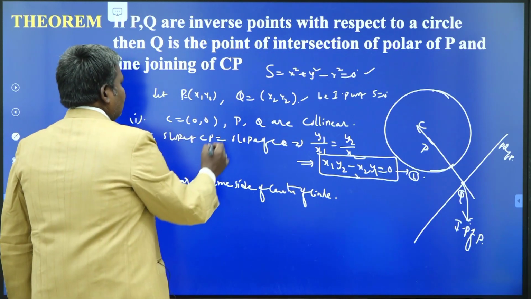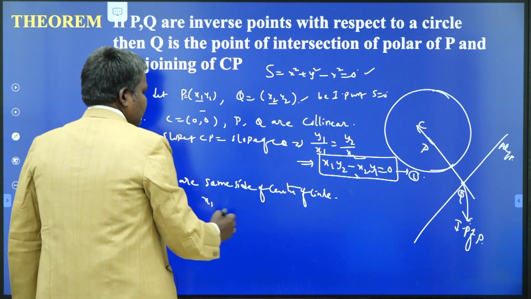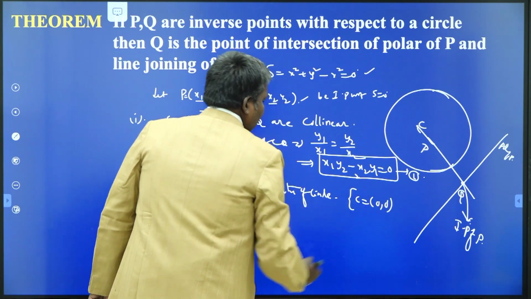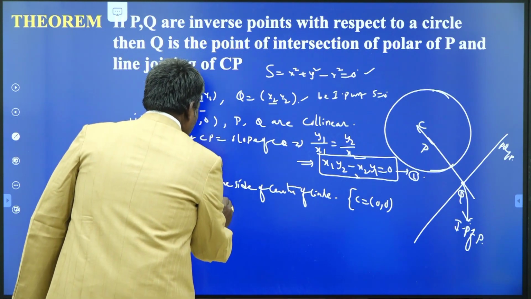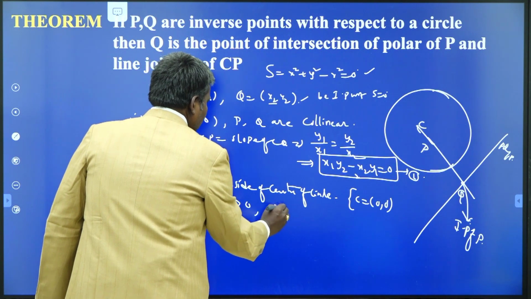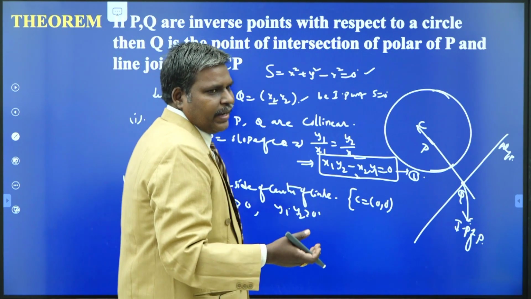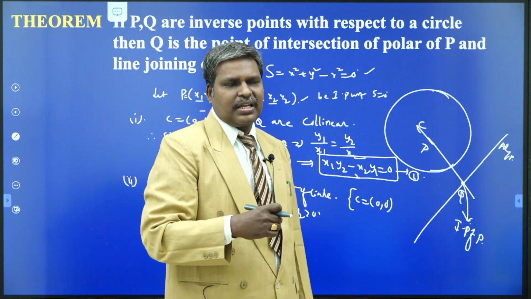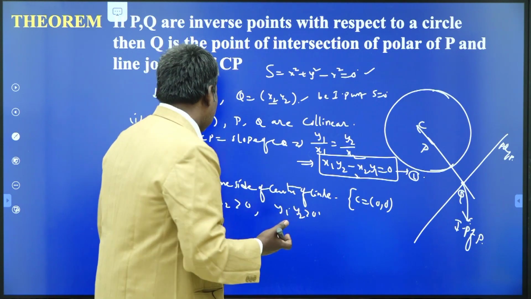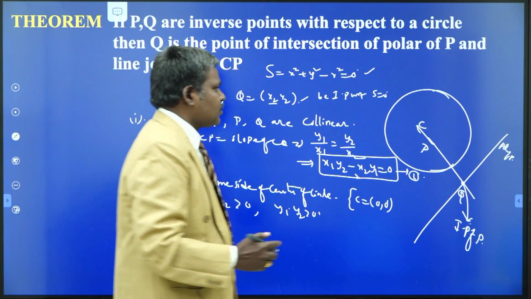This implies x1 into x2 is positive, because the center is (0, 0) and they are on the same side of it. x1 and x2 have the same sign, therefore x1 x2 is greater than 0. y1 y2 is also greater than 0. If two points are on the same side of the center, their x coordinates have the same sign, and similarly the y coordinates also have the same sign.